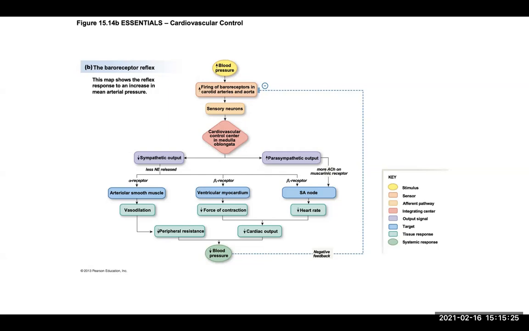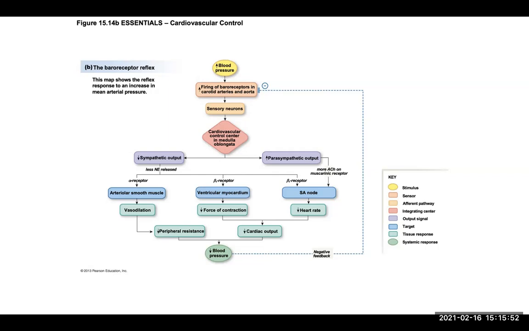When you're lying flat, in correlation to gravitational forces, blood is distributed evenly throughout your body. But when you stand up, there's going to be a decrease in the venous return to your heart, as blood is going to want to pool, P-O-O-L, down in your lower extremities just due to gravity.